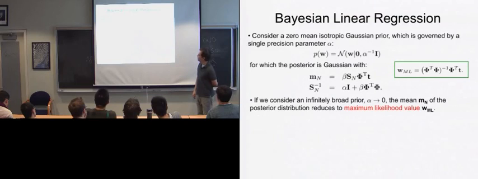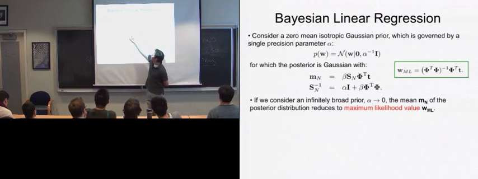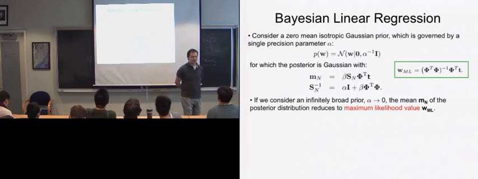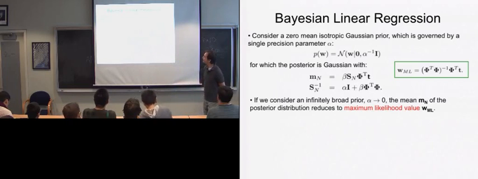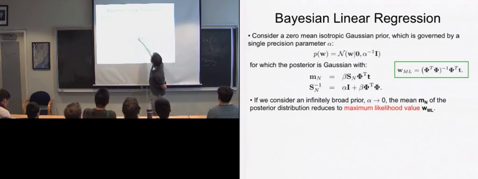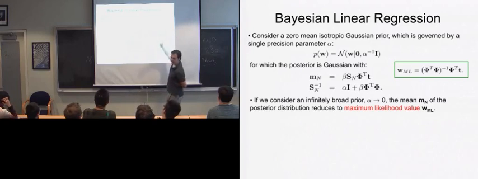And that's exactly what's happening here. If alpha goes to 0, then remember, this posterior mean will exactly become the maximum likelihood estimate. You can just plug in the inverse of that here, the betas will cancel, and you'll get the maximum likelihood estimate.